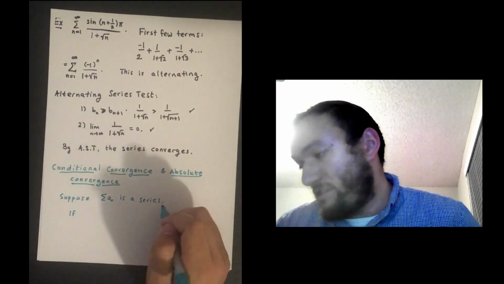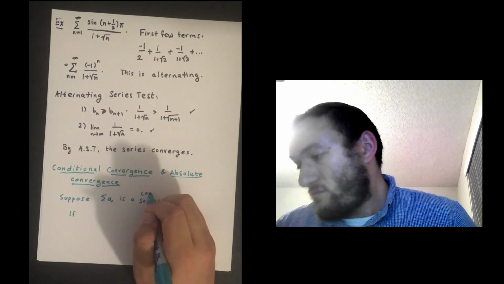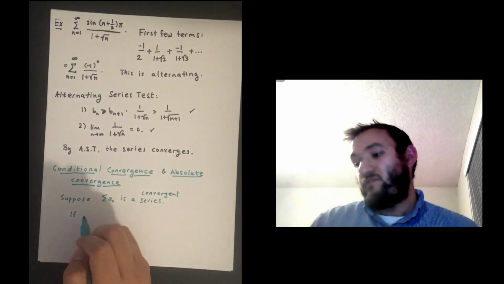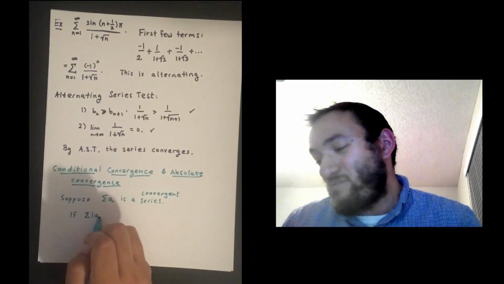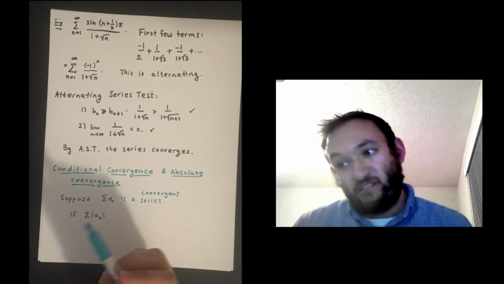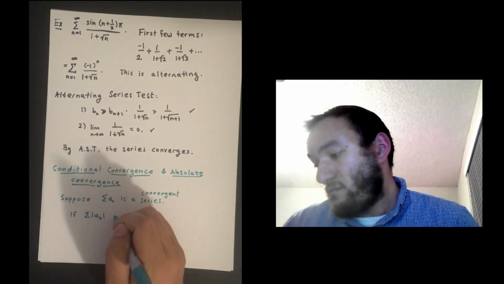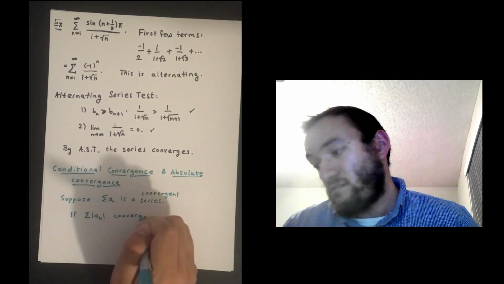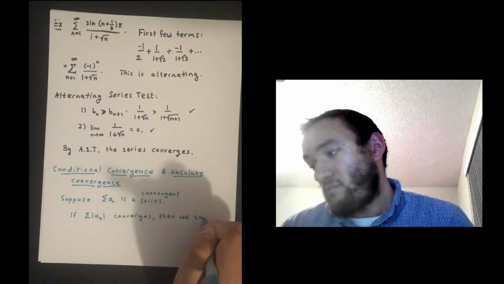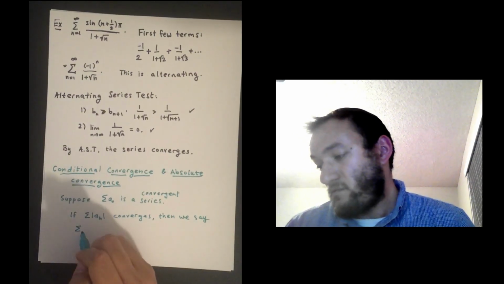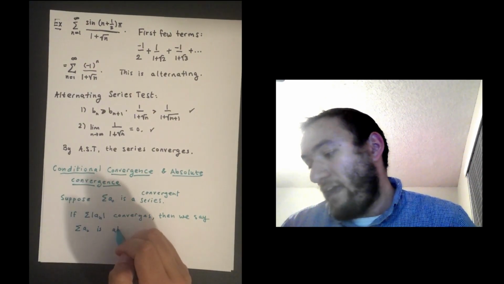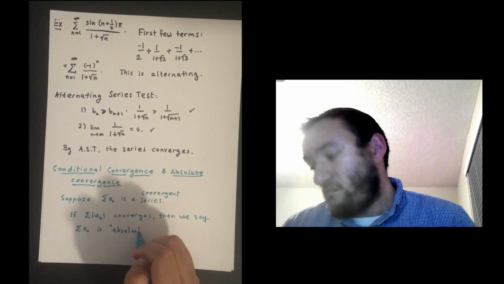Let's say it's a convergent series. If the sum of the absolute value of an, so taking all of your terms and throwing away negative signs, if this also converges, then we say the sum of an is absolutely convergent.